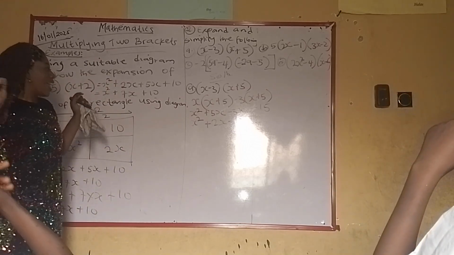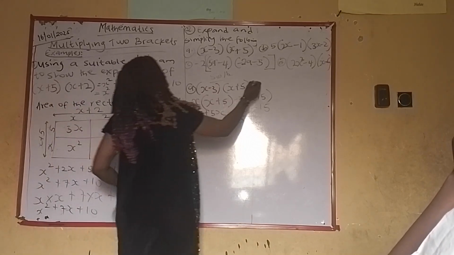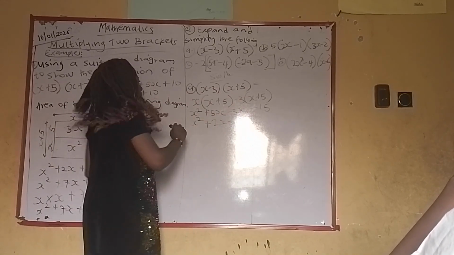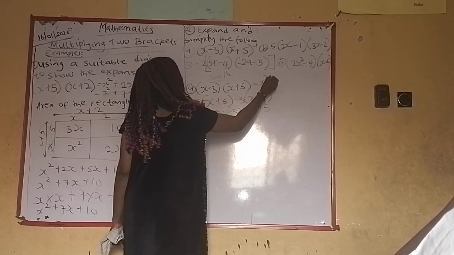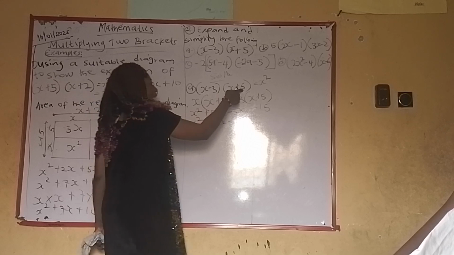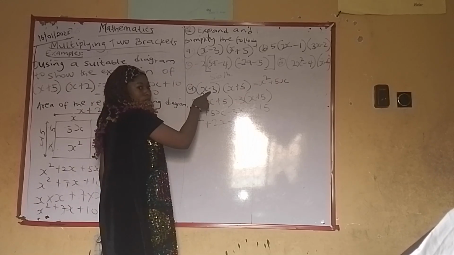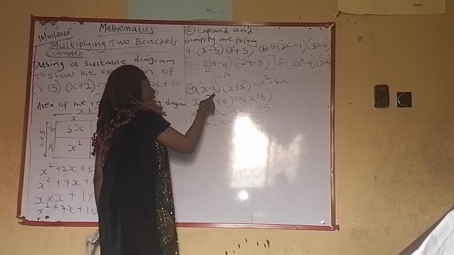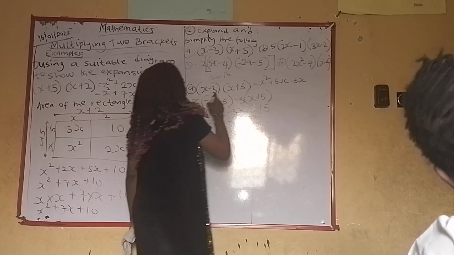That is all. If we want to do it direct, we can as well do it direct. Let's see. So you tell me which is better for you. x times x is what? x squared. x times 5 is what? Plus 5x. This is minus. Minus 3 times x is what? Minus 3x.